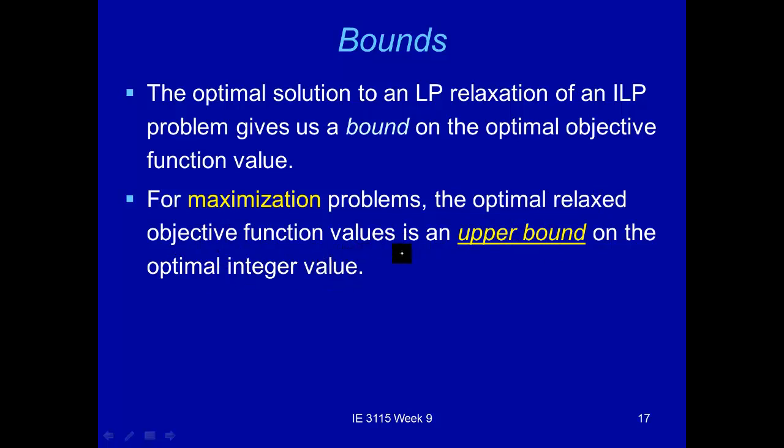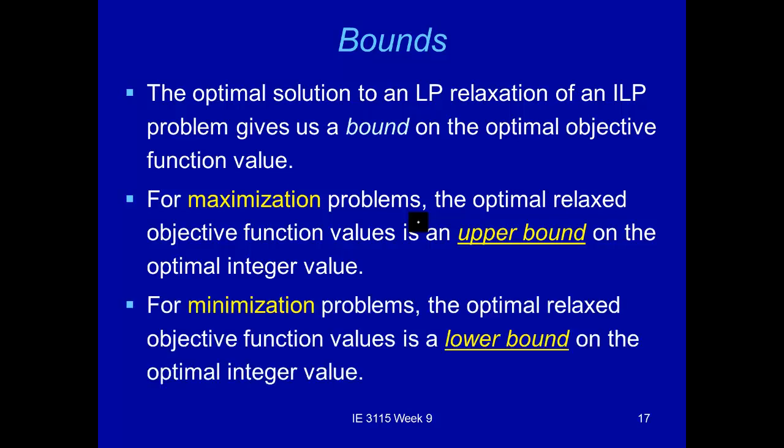Is this understandable, just by reading it? So for a maximization problem, if you take that integer constraint out and solve the problem, the objective function value you get will always be equal to or higher than the true objective function value with the integer constraints. And for minimization problems, the optimal relaxed objective function value is the lower bound.